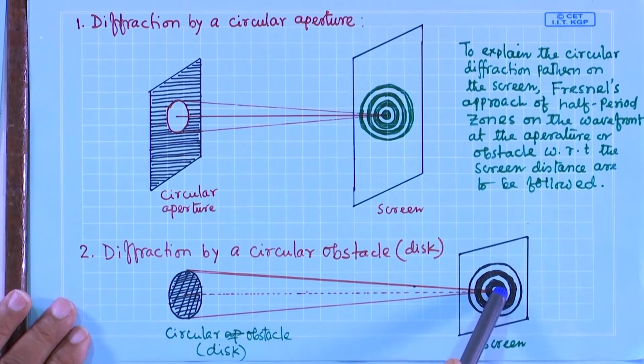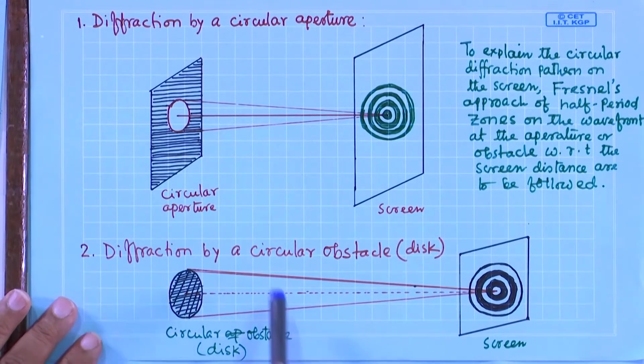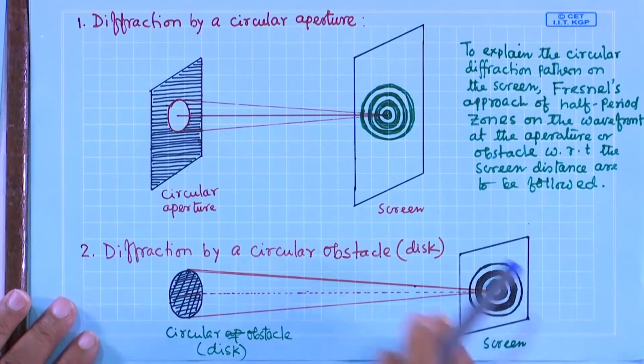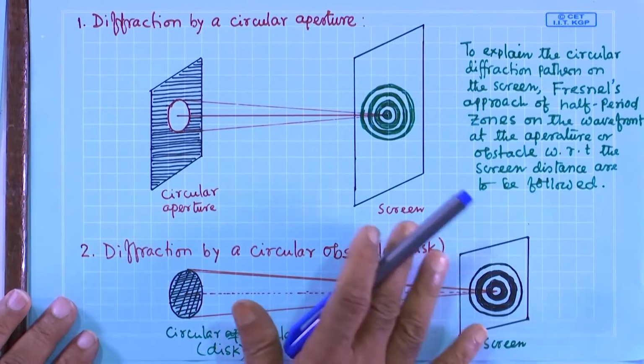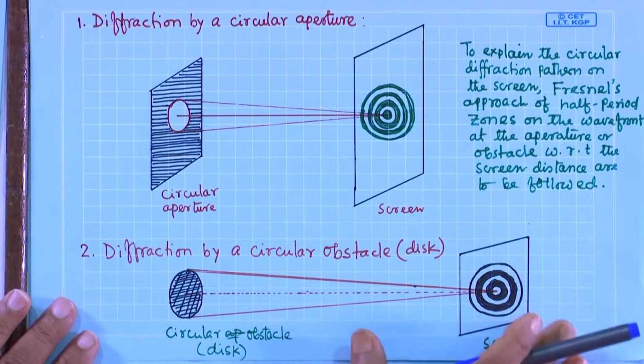It is supposed to be dark because no light passes directly. Light comes from the other parts around the circular obstacle, but here it is always bright on the screen. This type of fringe pattern is due to Fresnel diffraction.